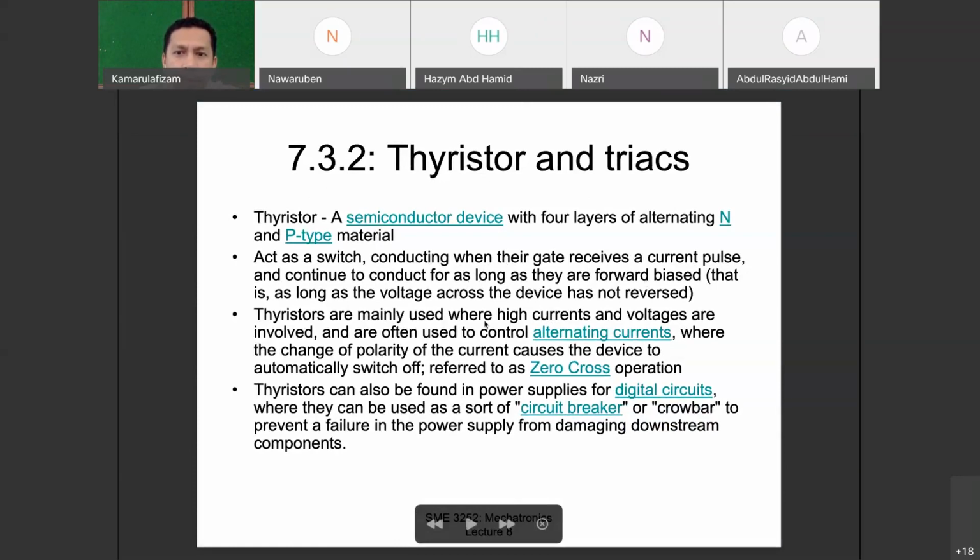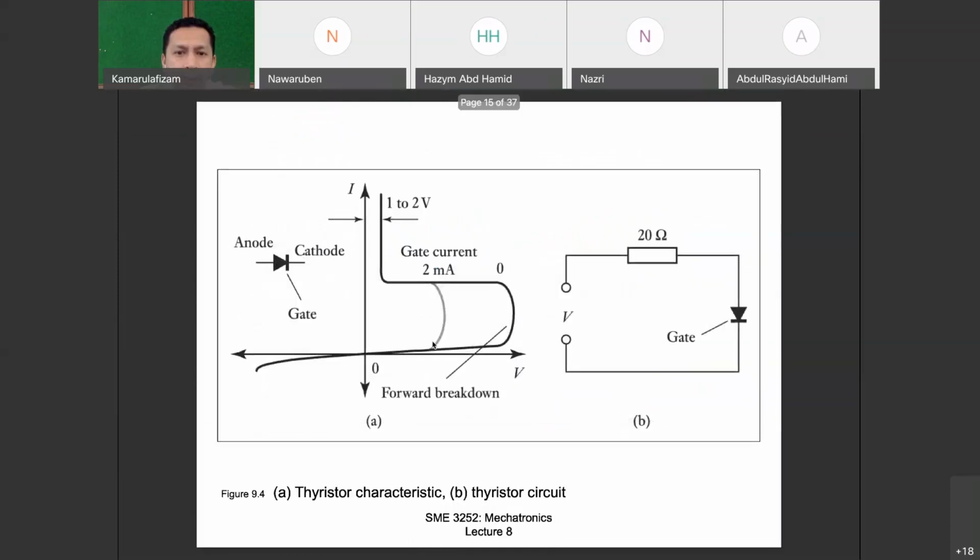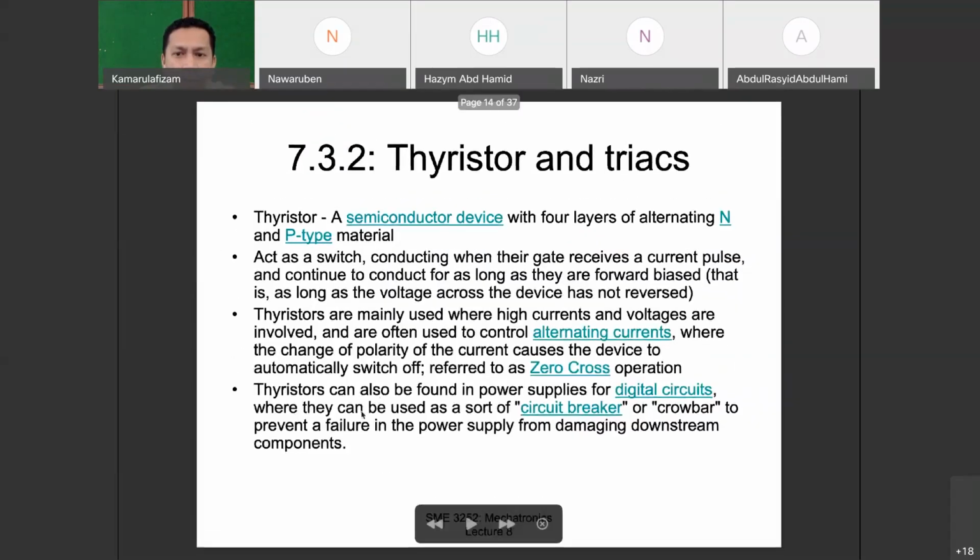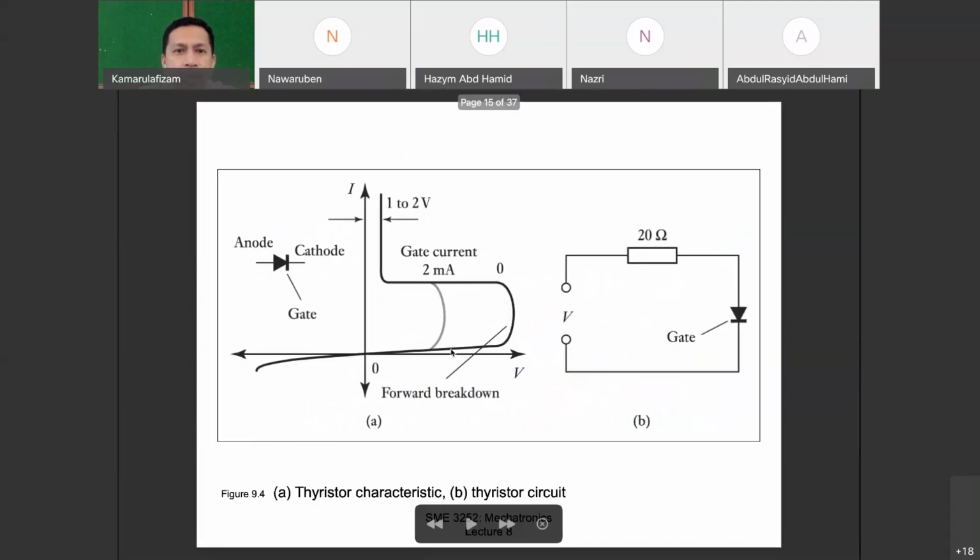Thyristor are mainly used where high currents and voltages are involved. So kerja dia pun sama lah. Okay, you will find this thing in the power supply, circuit breaker or crowbar to prevent power failure. Thyristor and triacs biasanya untuk high voltage punya application.